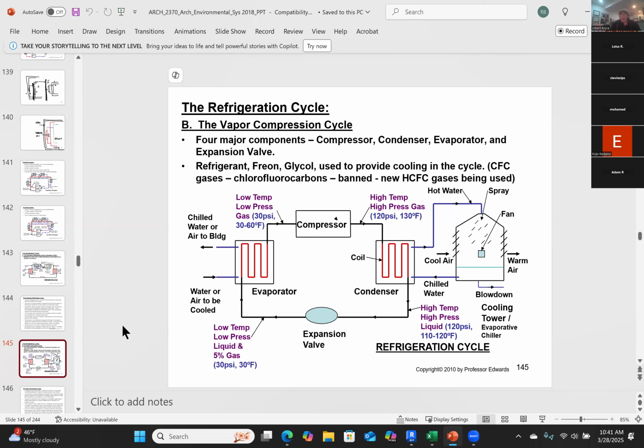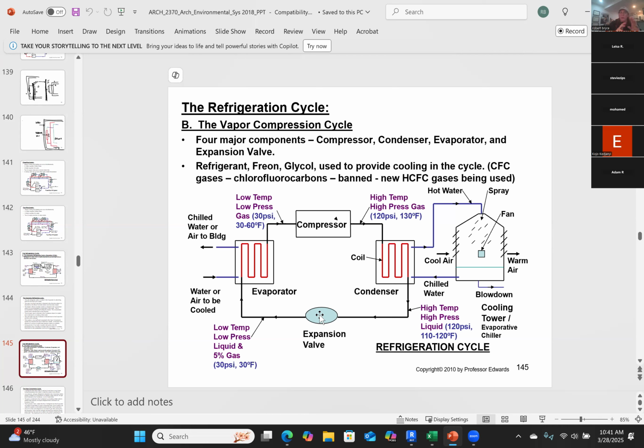Let's change the pressure from high to low in order to get cooling in our facilities. And how do we do that? Well, let's follow this around real quickly. We have an expansion valve, and the expansion valve changes the pressurization from high pressure to low pressure.